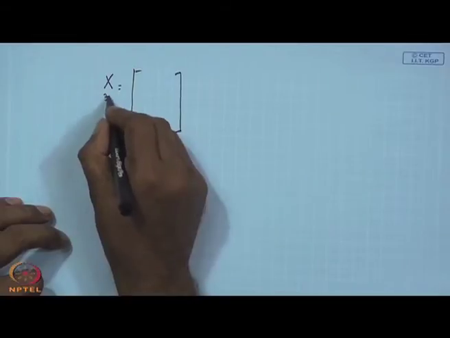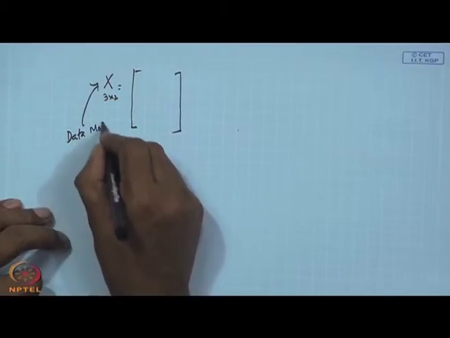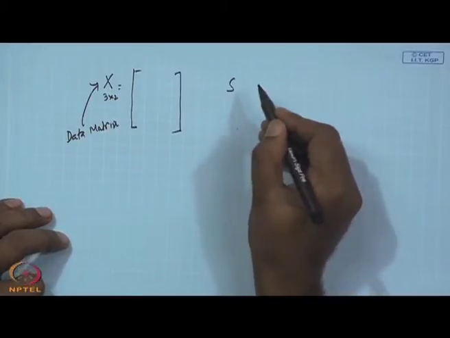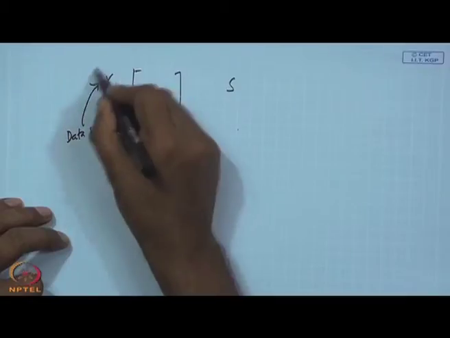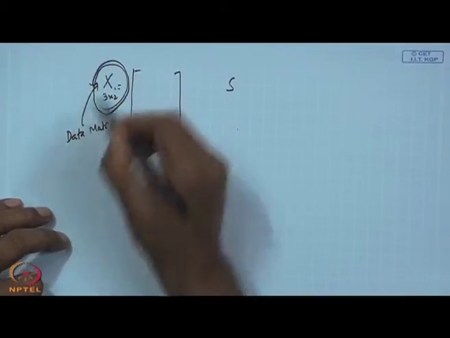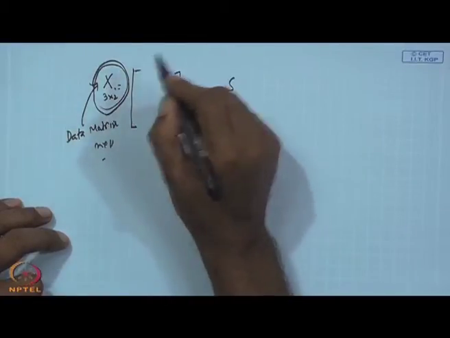Okay, this is 3 cross 2, this is the data matrix. So, instead of giving you the S straight away, what is required to be given? Initially when you collect data, you will be getting this n cross p matrix, and all other things are to be derived.